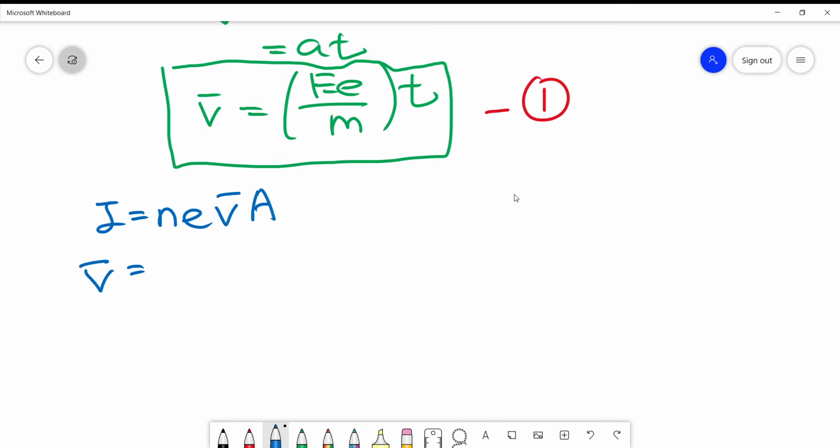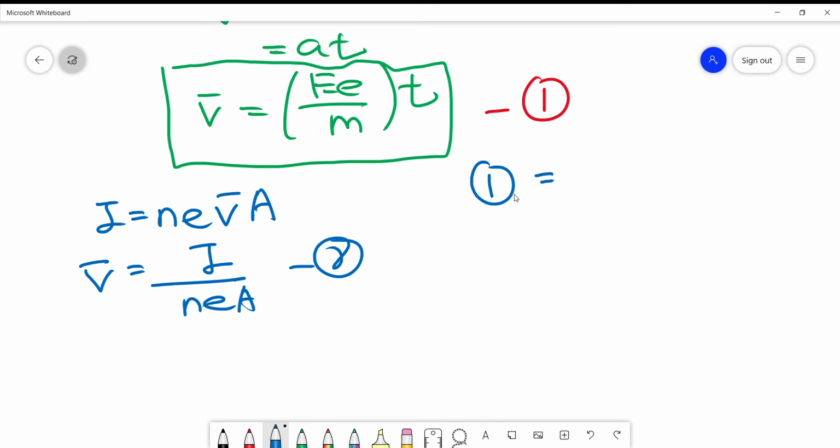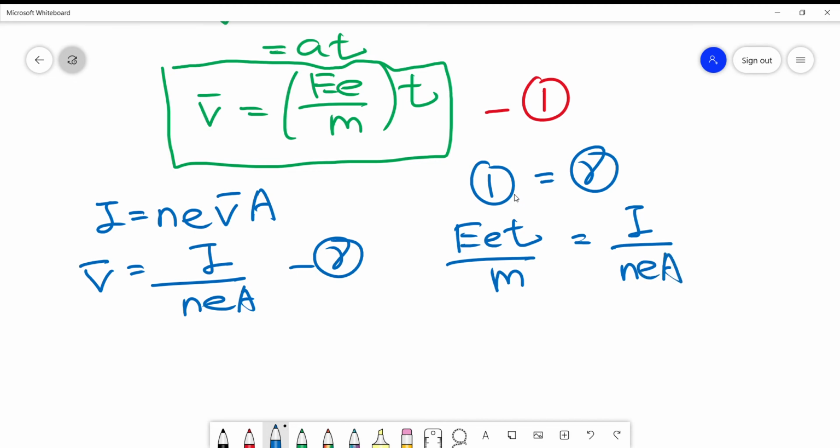So v is equal to I over nеA, and this is the second equation. By equating both equations, 1 equals 2, eEt over m is equal to I over neA.